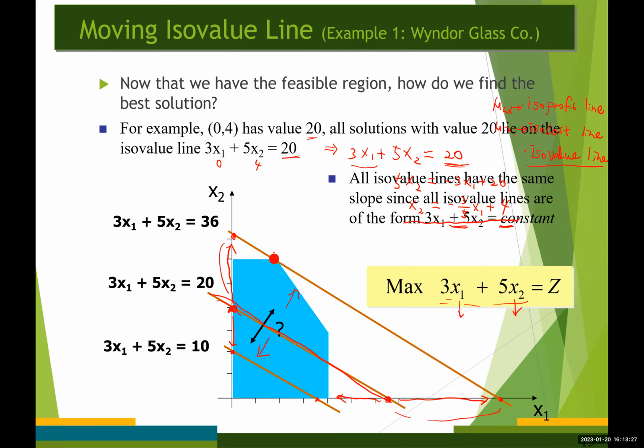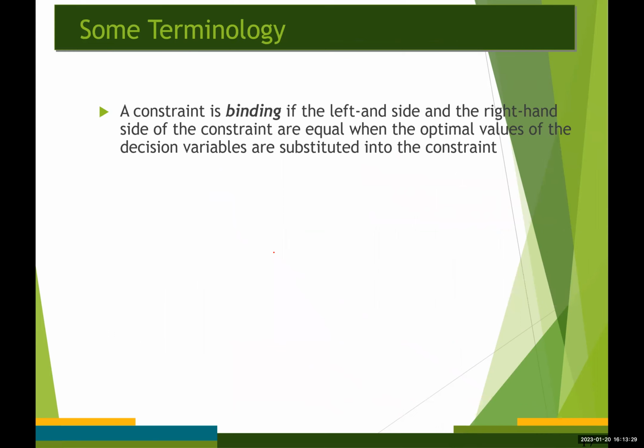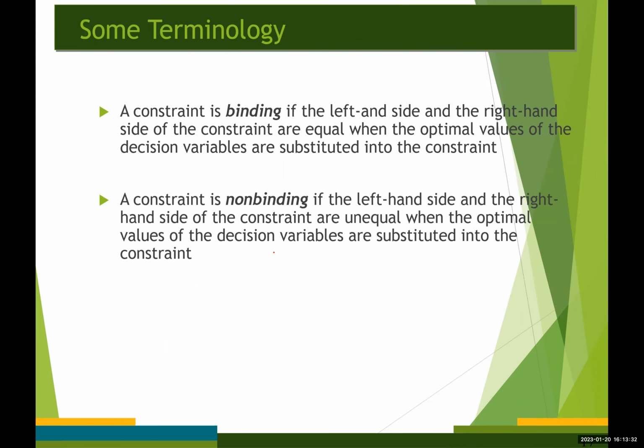Okay, so once the optimal solution to the LP problem has been found, it is very useful to classify each constraint as being a binding constraint or a non-binding constraint, okay? Graphically, it's very easy to see which constraints are binding and which are non-binding.